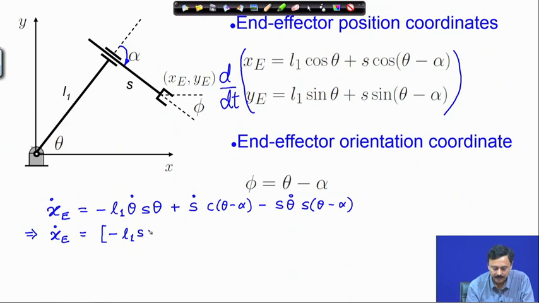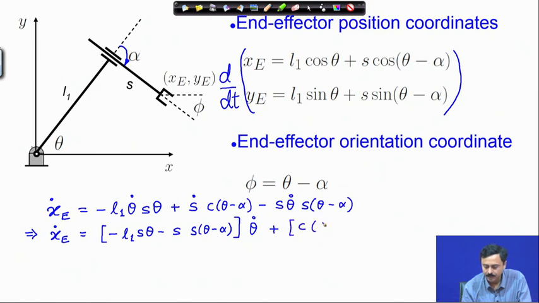That will be minus L 1 sin theta minus s sine of theta minus alpha, times theta dot, plus cosine of theta minus alpha times s dot. That is what I obtain from the first displacement relation.